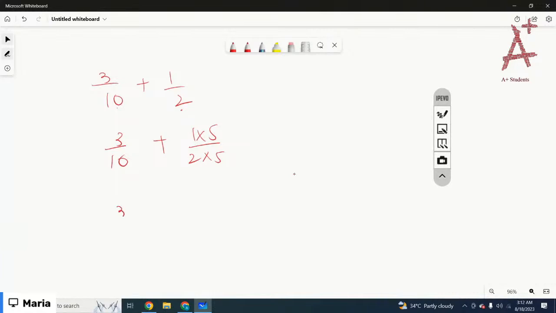It would be 3 over 10. 5 times 1 is 5 and 5 times 2 is 10, right? So they have like denominators, just add the numerators. So 5 plus 3 makes 8. That would be 8 over 10, right?